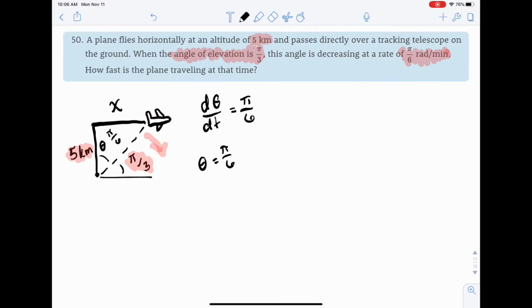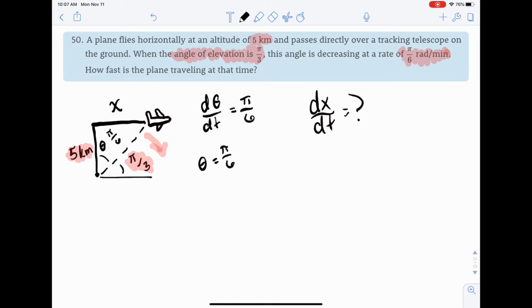And then we are trying to find how fast the plane is traveling at that time. So that's equal to its speed, or its instantaneous speed, which is also equal to dx dt, which is the derivative of x, or the distance, with respect to time, which we are trying to figure out.